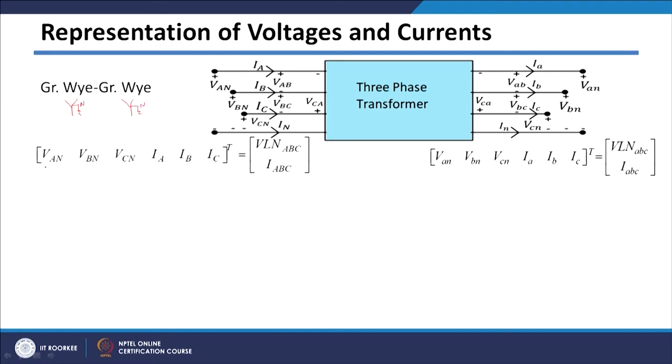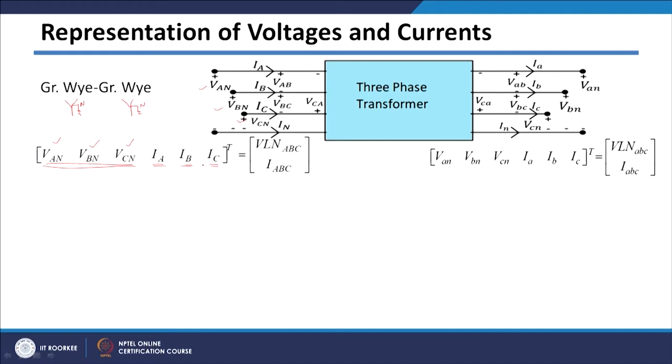Then primary voltages, basically phase to ground voltages or phase to neutral voltages, they are VAN, VBN and VCN, which are represented here, and then there are line currents IA, IB and IC written here.